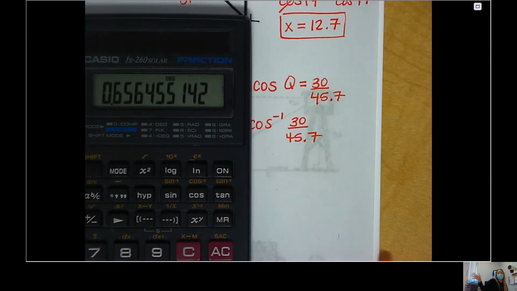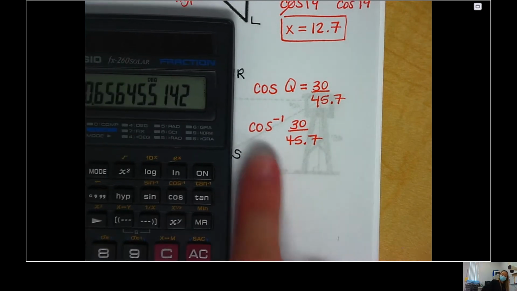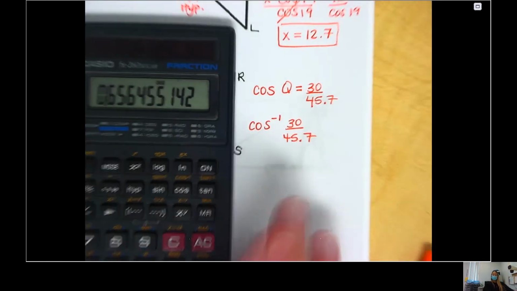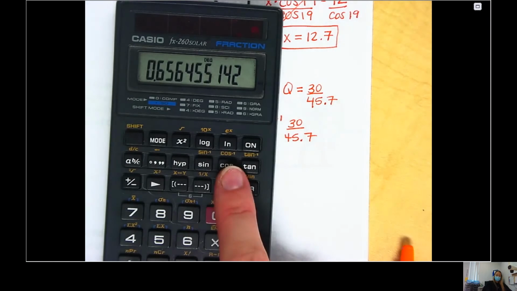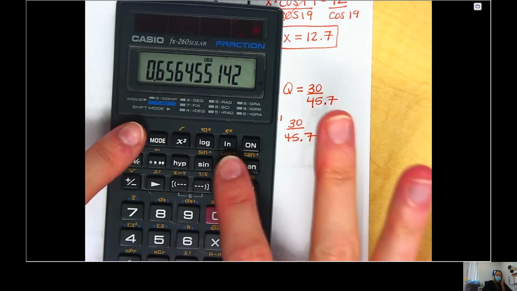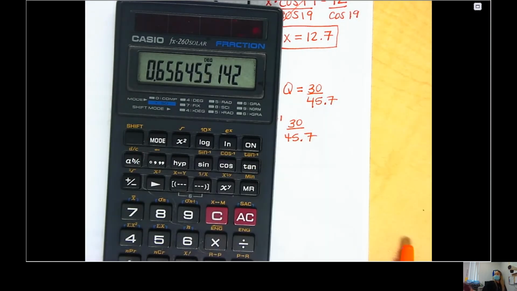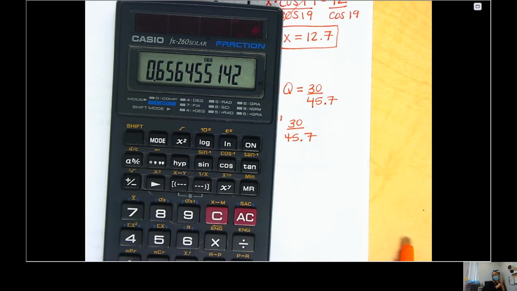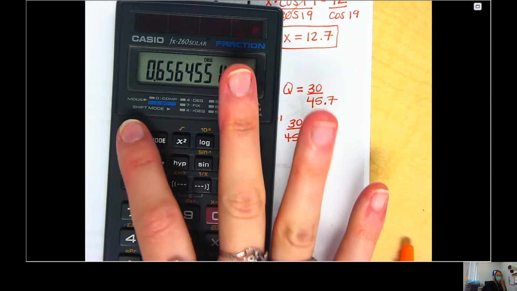You should get 0.65. Are we good there so far? Okay, now, next part, to get this cosine of -1. If you're using this calculator, because it's in yellow, you're going to push shift cosine. If you're using your phone, there's a button at the top on the left that says second. You're going to push the second button and then the cosine with the -1 next to it.